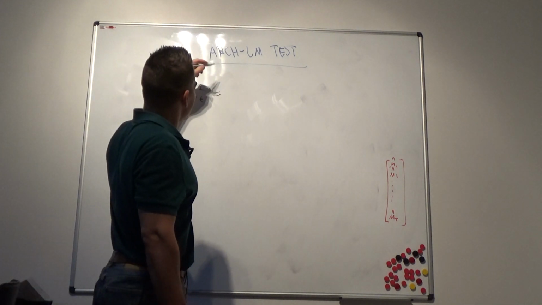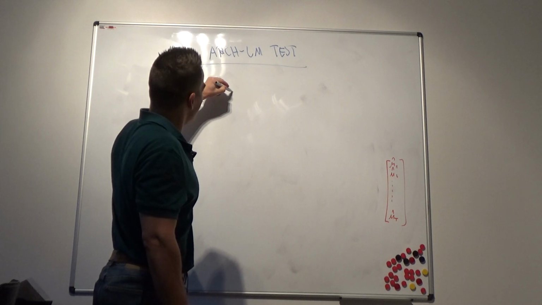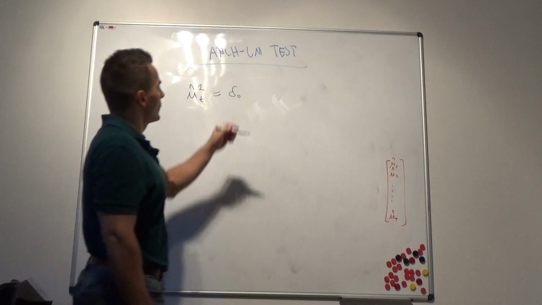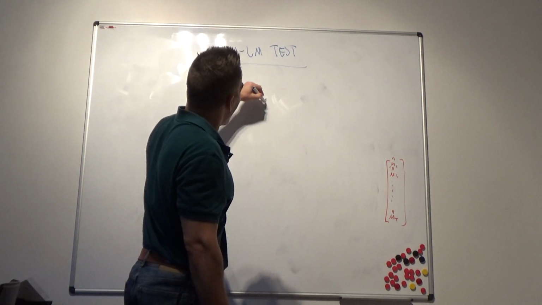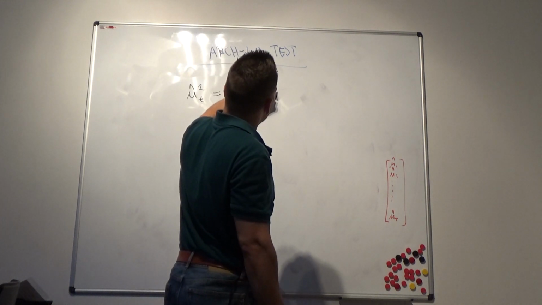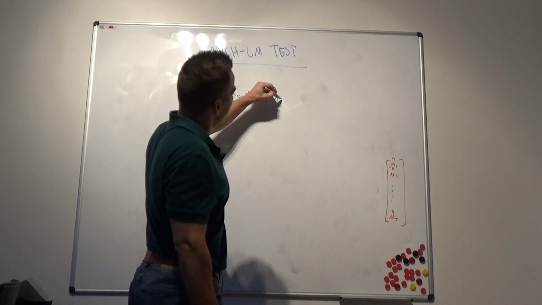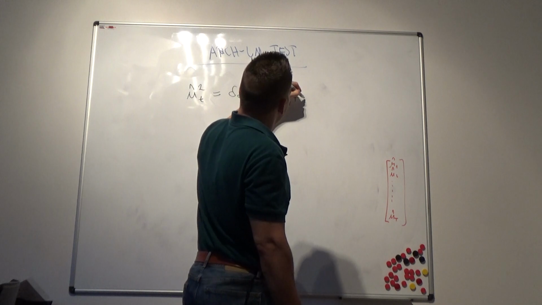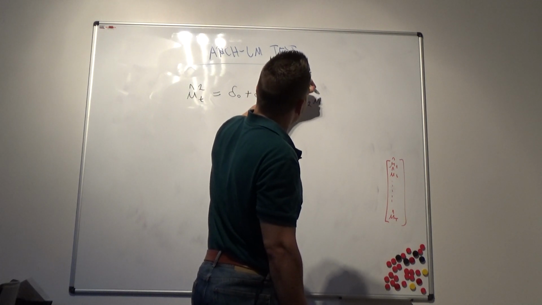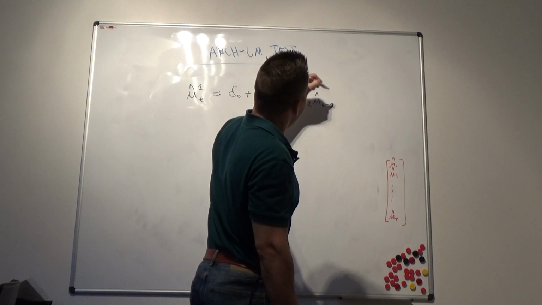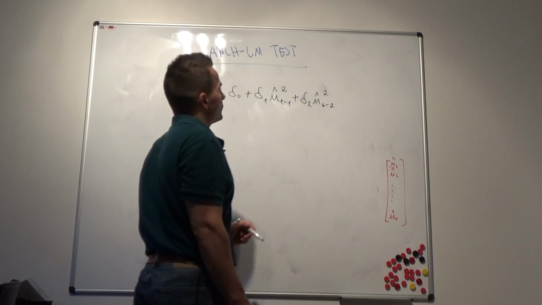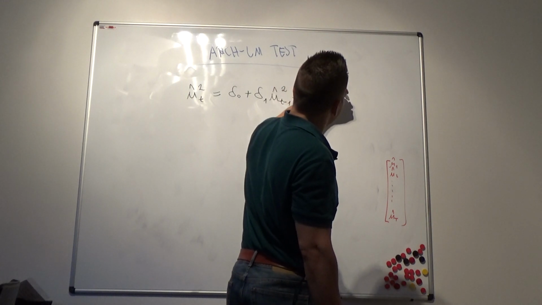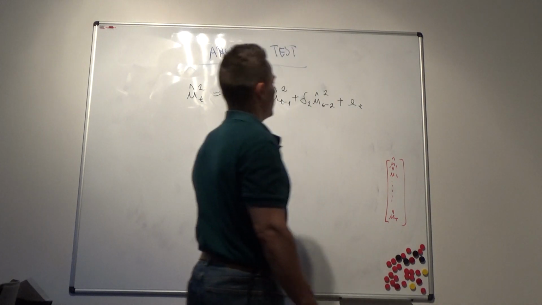We can regress it on delta 0, which is the regression intercept term, plus delta 1 times u hat, the estimated residual from time t minus 1 squared, plus delta 2 times the estimated residual at time t minus 2 squared, plus an error term. Let's denote it as et.